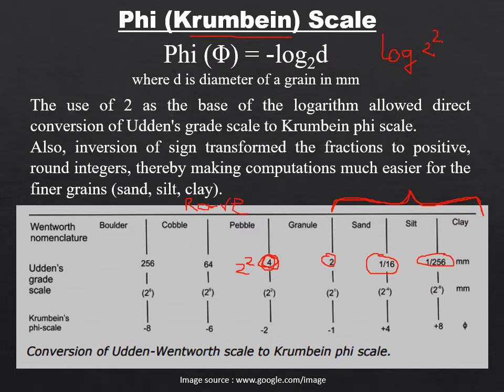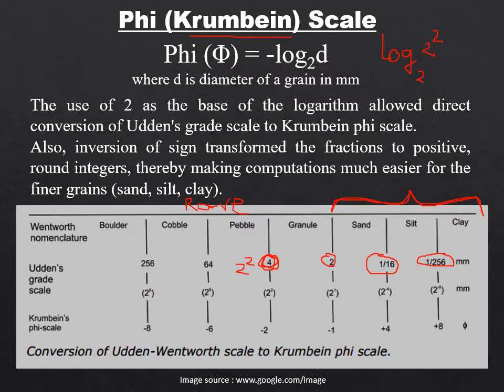Now, two adjustments Krumbein made in his phi scale. The first thing: Krumbein took the base of the log as 2. We all know that in most mathematical calculations, whenever we use log, in most cases we use base 10 or e.